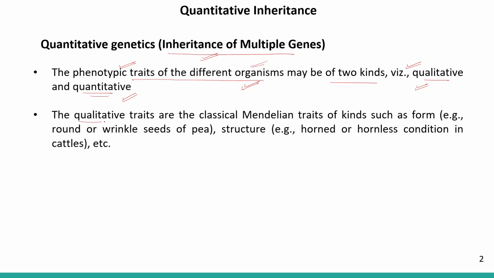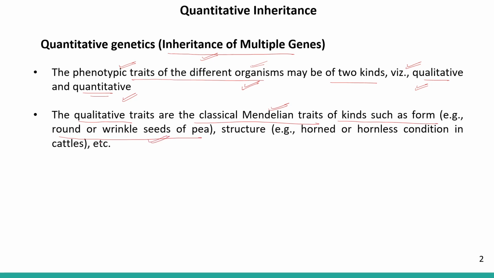So what are qualitative traits? They are the classical Mendelian traits, which we have already studied, right? That is a kind such as round or wrinkled seed that we have seen in the case of the pea plant.